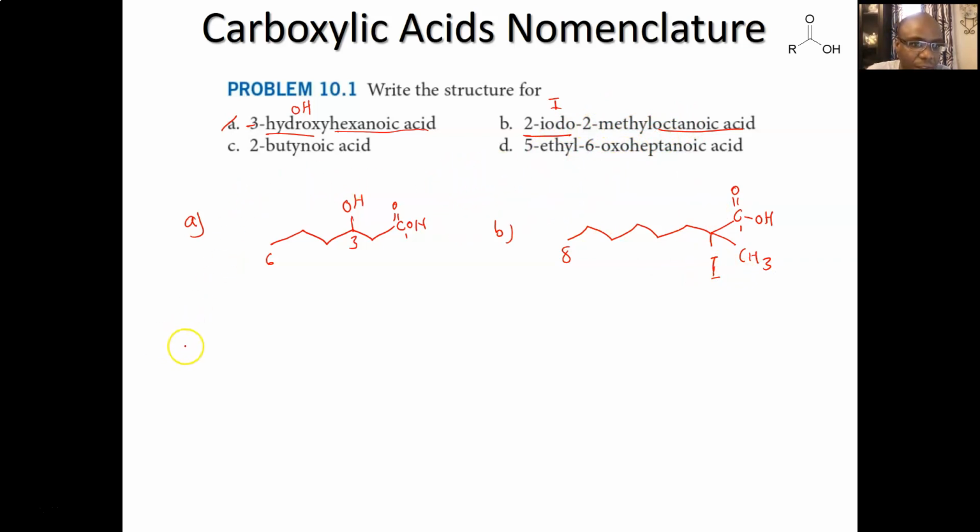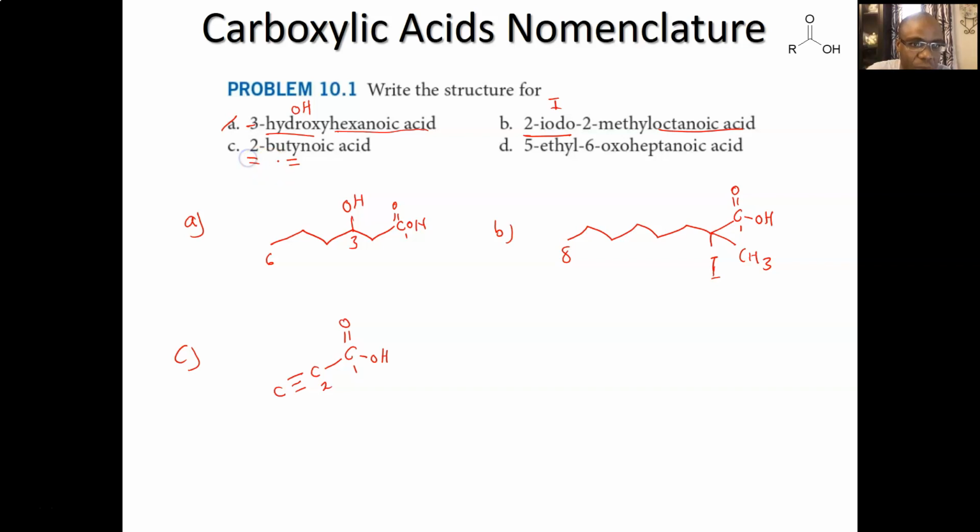Next, C, 2-butynoic acid. So but means 4 carbons. It's a carboxylic acid, but you see how you have a yne, so it means it's an alkyne. So the first carbon of the alkyne is on the 2nd carbon of the longest chain.